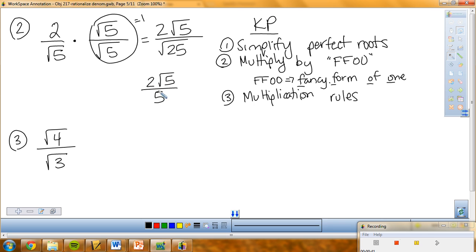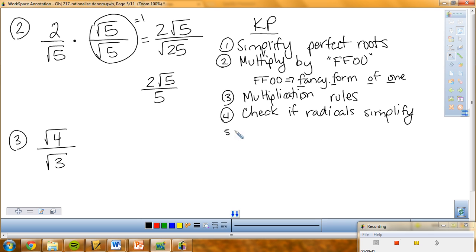I want to check step 4. Check if radicals simplify. And no, they don't. The square root of 5 is as simple as I can get it.